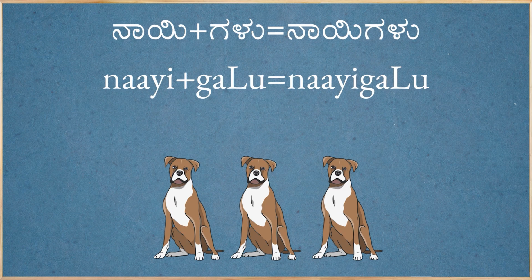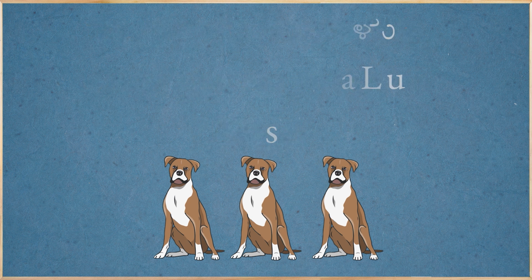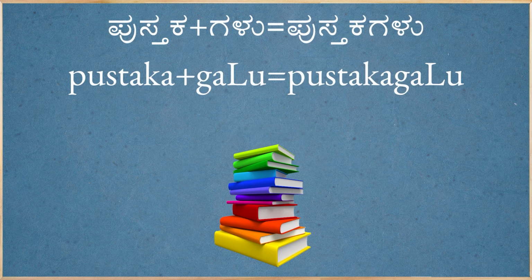Nai plus galu will become naigalu. Naigalu. Dogs describes more than one dog. Pustaka plus galu will become pustakagalu. Pustakagalu. Books refers to multiple books collectively.